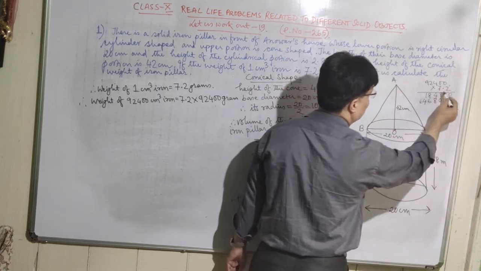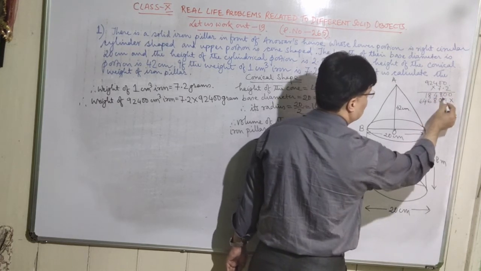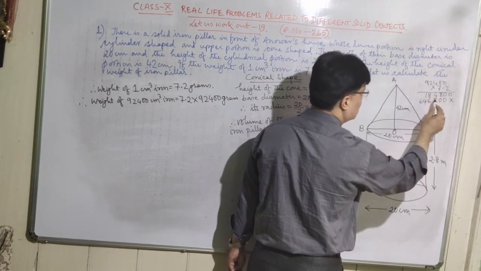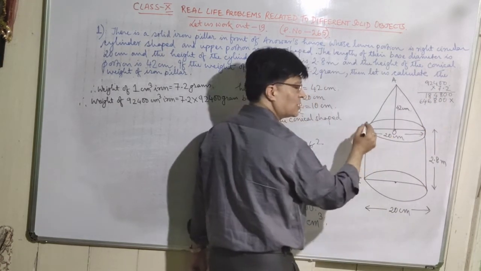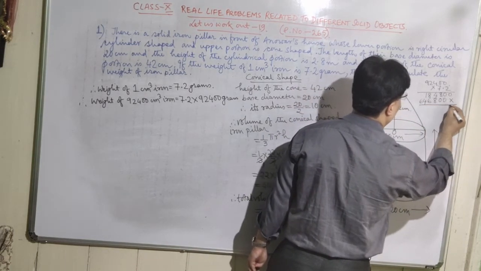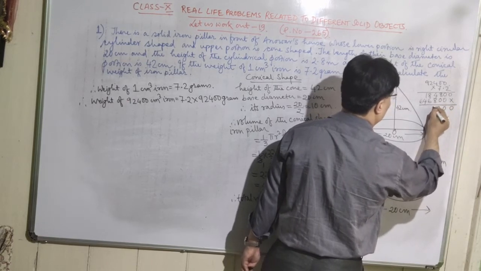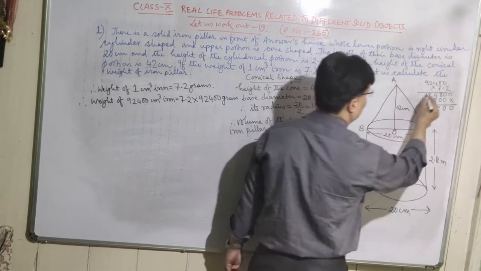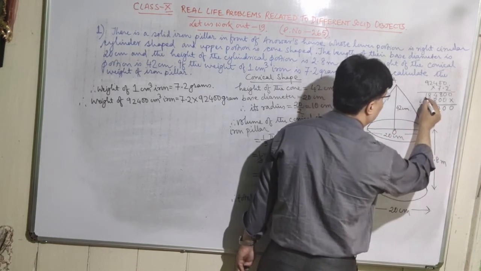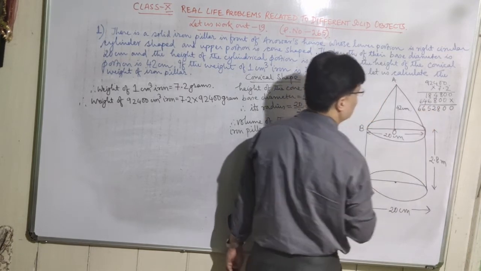So let us check it once again. 2 zeros are 0, 2 zeros are 0, 2 fours are 8, 2 twos are 4, 2 nines are 18. Now 7 zeros are 0, 7 zeros are 0, 7 fours are 28, carry 2, 7 twos are 14, plus 2 is 16, carry 1, 9 sevens are 63, plus 1 is 64. Okay. Now add them. 0, this also 0, 8, 8 plus 4 is 12, carry 1, 9 plus 6 is 15, carry 1, this is 6, and this is also 6.